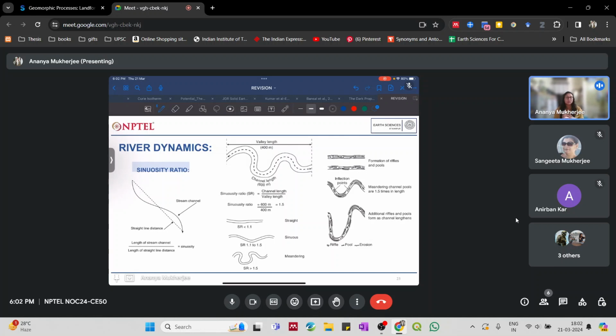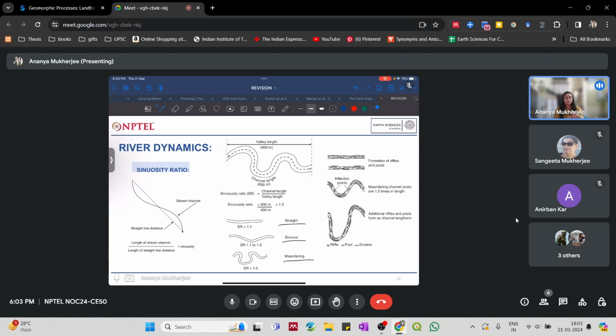people have tried to form indices or quantitative measures. So sinuosity ratio is one such quantity where you can understand whether the channel is straight or sinuous or meandering, and people have tried to correlate it with the channel slope, as well as the elevation change seen between the river segment that we are calculating the sinuosity ratio for.